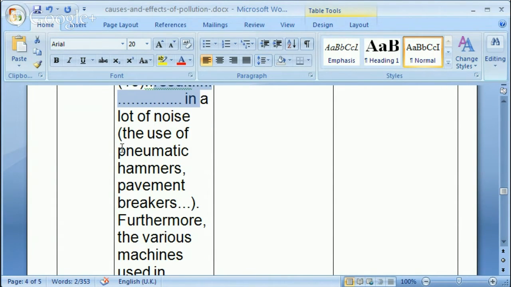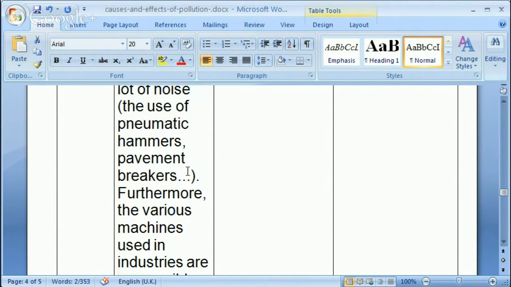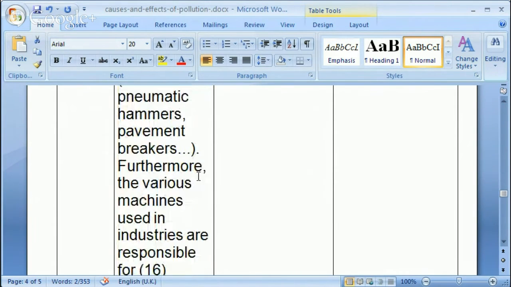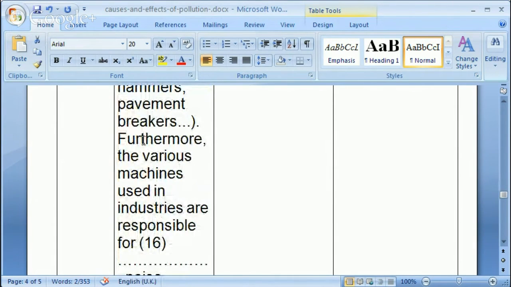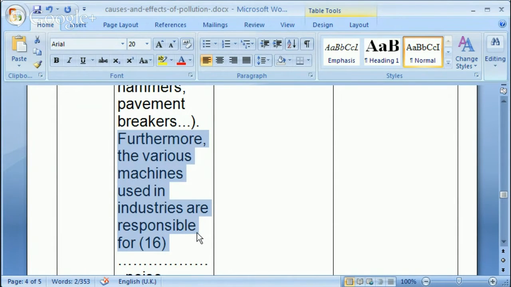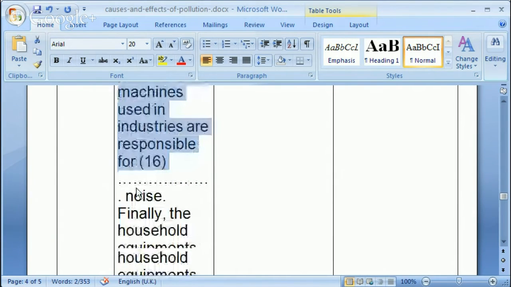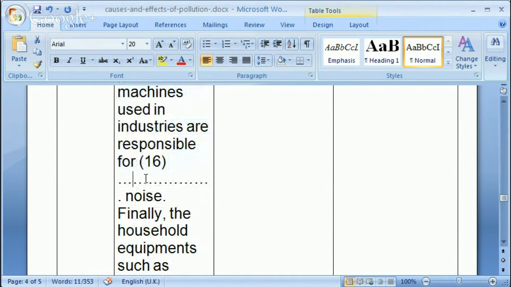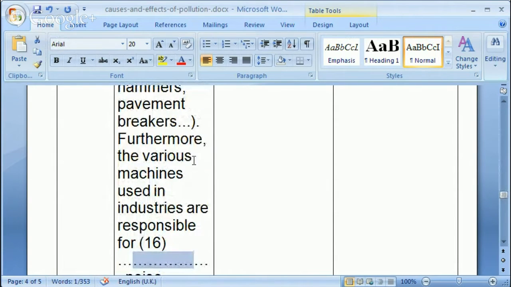The use of pneumatic hammers, pavement breakers, etc. Okay, continuing. Furthermore, the various machines used in industries are responsible for something noise. Clearly, we need an adjective. More machines are responsible for something noise.